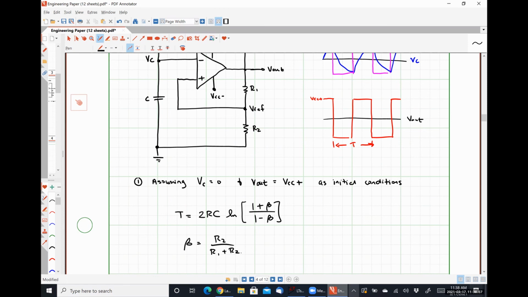So another thing that we can know is that the frequency at which these oscillations are occurring is 1 over T.